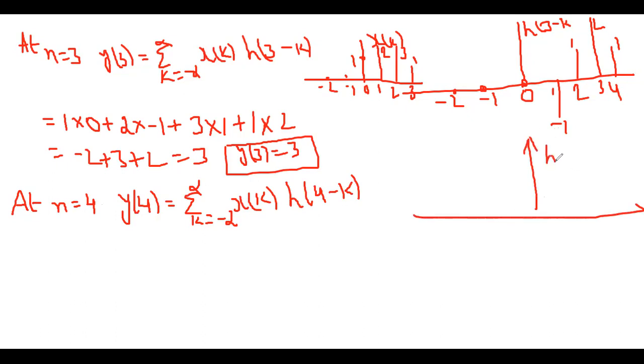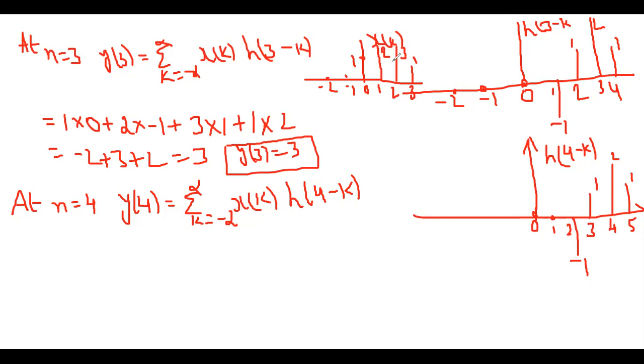The h of 4 minus k, the one sample is shifted towards the right side only. The 0, now the 1 is also 0, my dear students. 0 is a 0, 1 is also 0. And the 2 is minus 1, 3 is 1, 4 is 2, and 5 is 1.